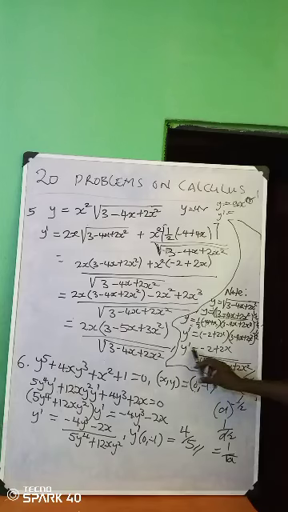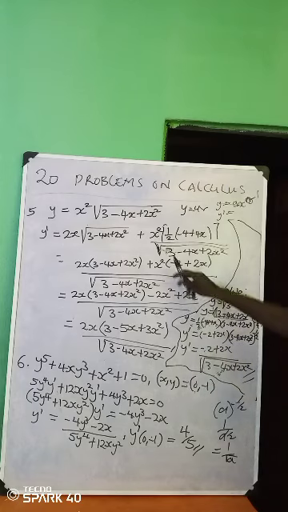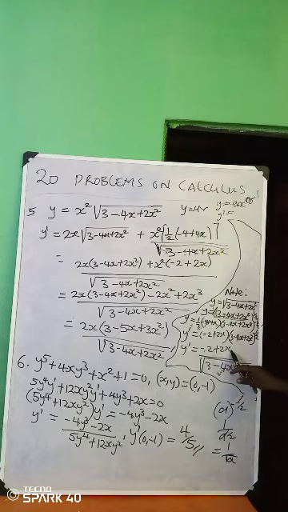So, our result will be, of course, half was there, so half will go in: minus 4 over 2, giving us minus 2, and 4x over 2 is going to give us 2x. So our final result for the differential of the square root of 3 minus 4x plus 2x squared is minus 2 plus 2x all divided by the square root of 3 minus 4x plus 2x squared. I think it makes sense.